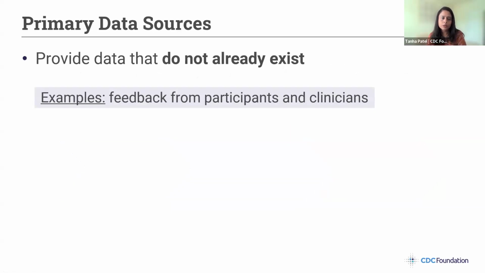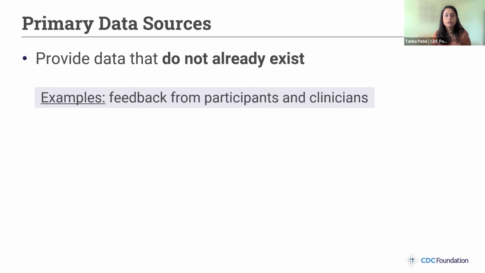So in general, data sources can be categorized into primary or secondary data sources. Primary data sources are sources of information that do not already exist, and you are getting the information directly from the source. For example, when you need feedback from participants or clinicians to tell you directly what they thought about the initiative, or what worked or didn't work from their perspective, you probably don't already have that information on hand from somewhere else.